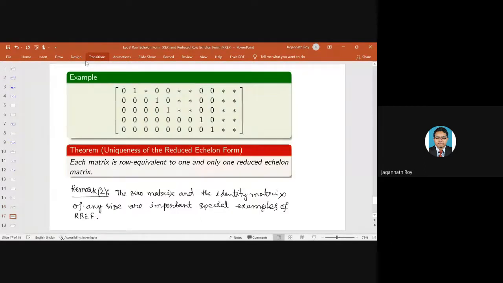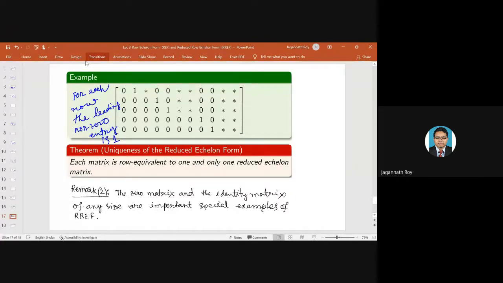Okay. So for RREF, property 3 says except for each row the leading non-zero entry is 1.